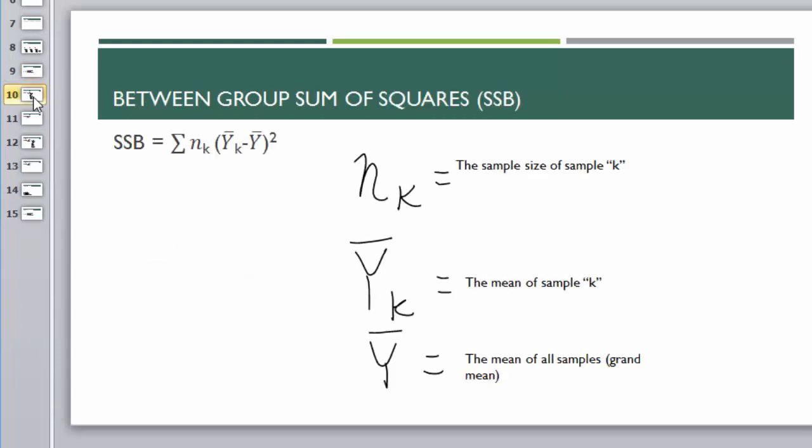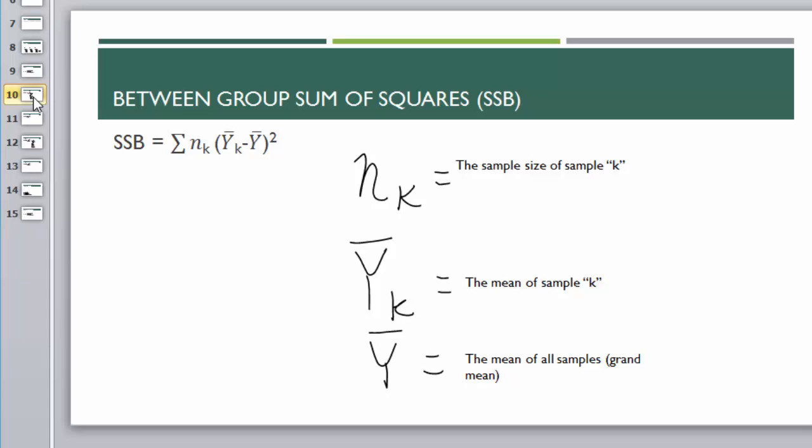Let's first start with the SSB, which is called the between group sum of squares. Here is the formula. Let's take a minute to break this down. N sub k is the sample size of sample k standing for any of the samples that we're looking at. Sample 1, sample 2, or sample 3. Y bar sub k is the mean of sample k.